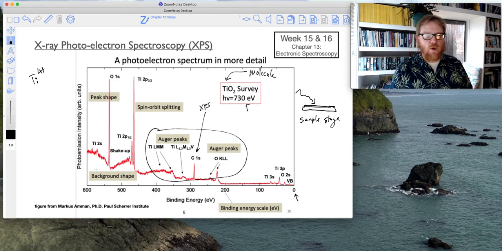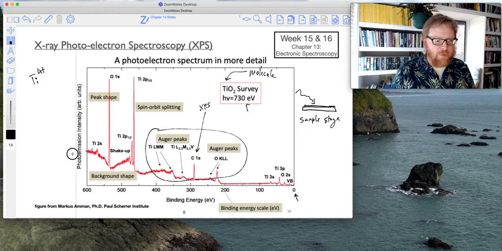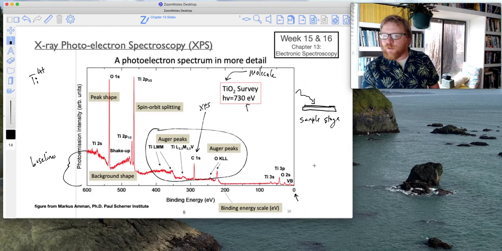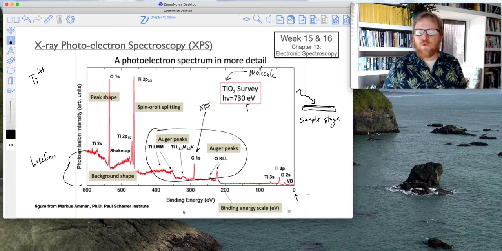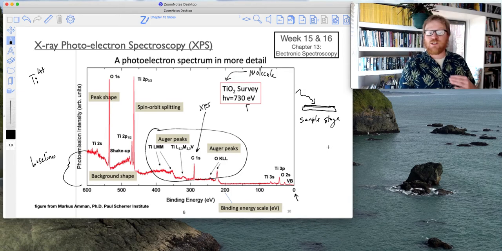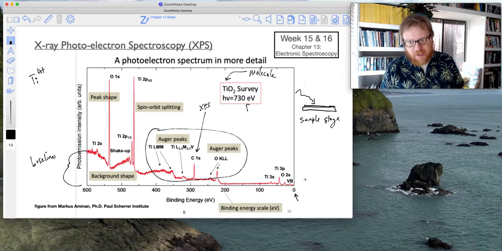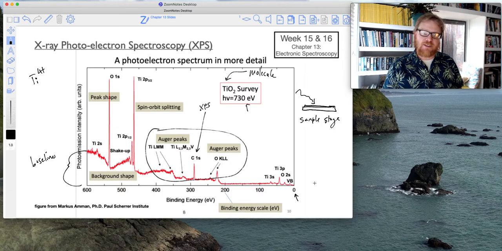So now what I also want to point out is the background shape right here, okay? So the baseline or the background in XPS is quite terrible. And the reason for that is because there's also a lot of stray electrons, secondary electrons, or even tertiary electrons that can also make it to the detector.